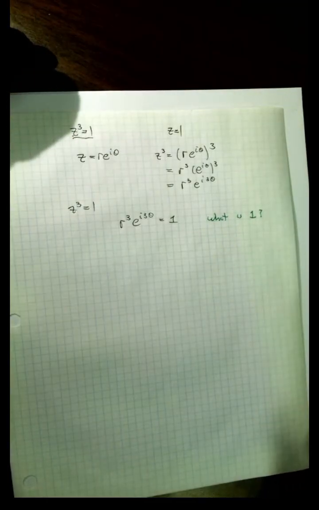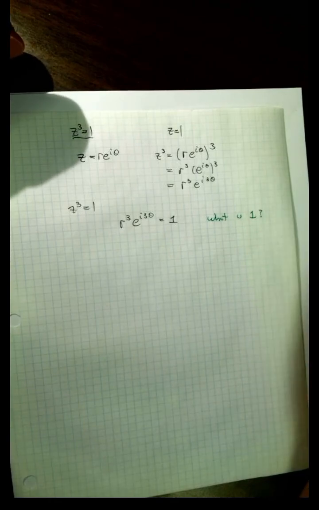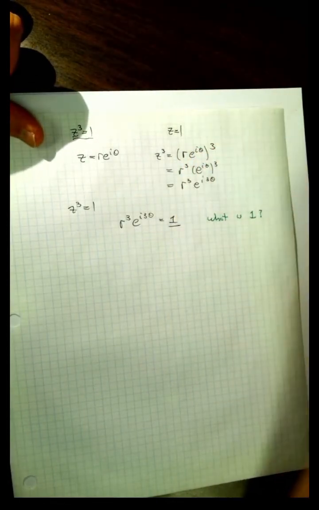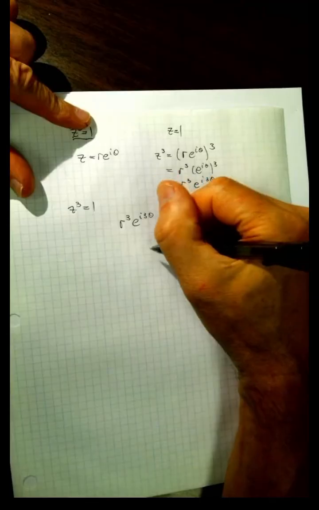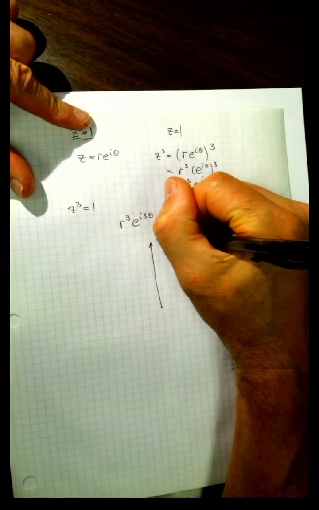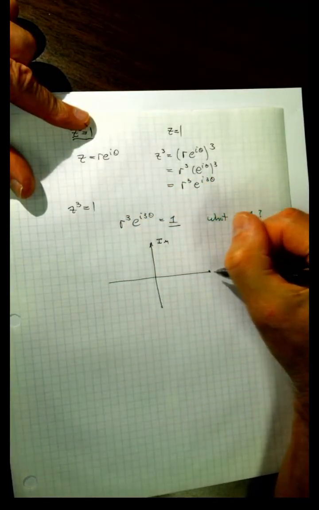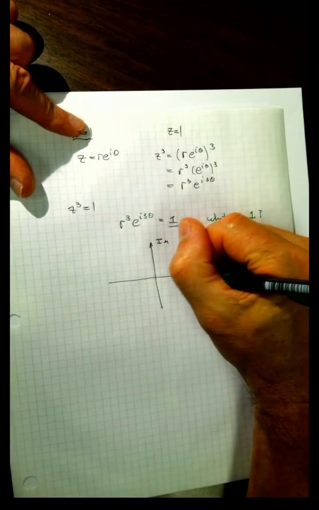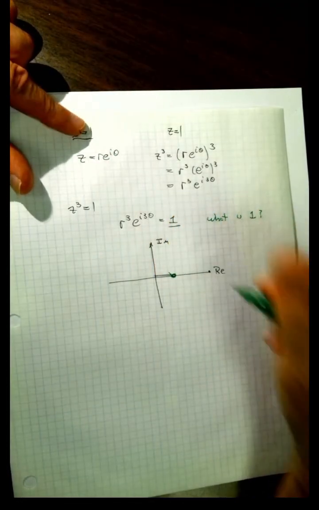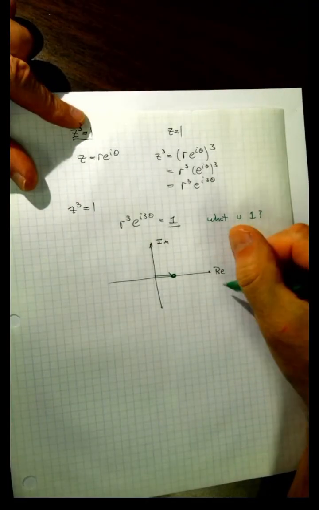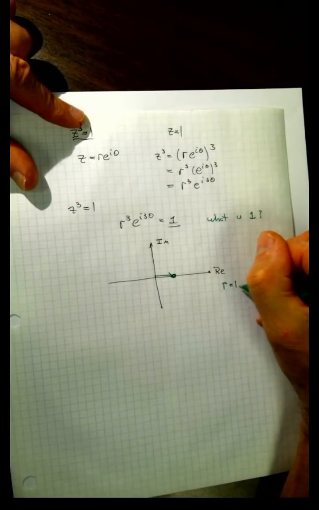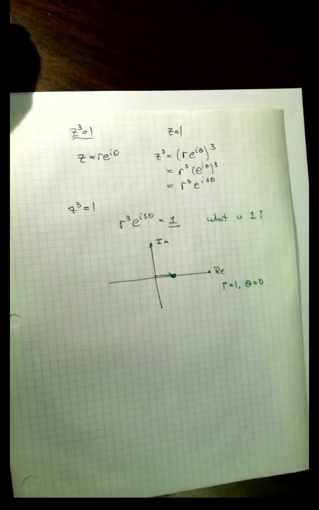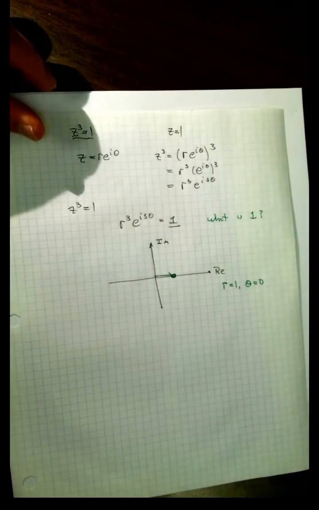Question now is what is 1? What if I wrote 1 in Euler form? 1 is this number right there. All right, so if r equals 1 and theta equals 0, I get there. But notice there's another way to get there.